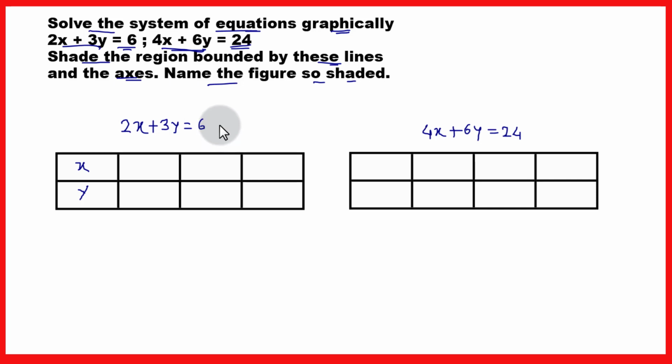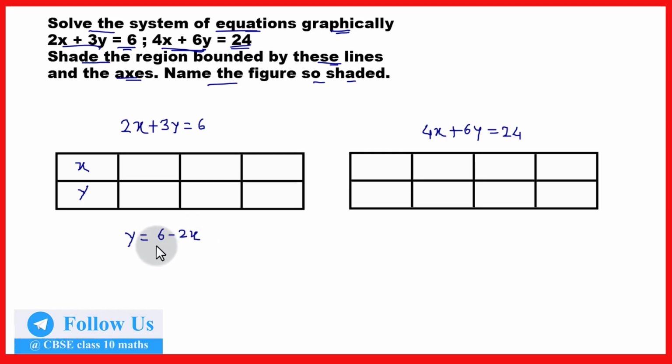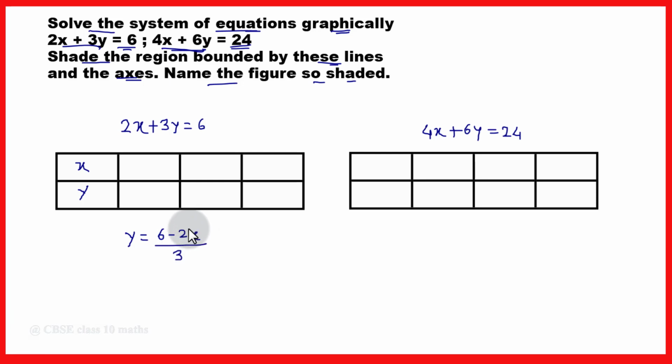First we take 2x to the other side. So it will be 6 minus 2x, and then we take 3 to the other side. So it goes into the denominator and we get y is equal to 6 minus 2x upon 3. Now here we consider the value of x and we find the corresponding value of y.